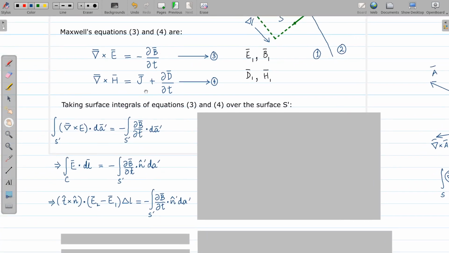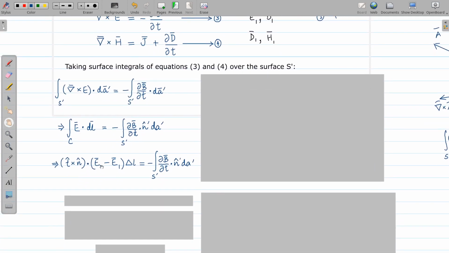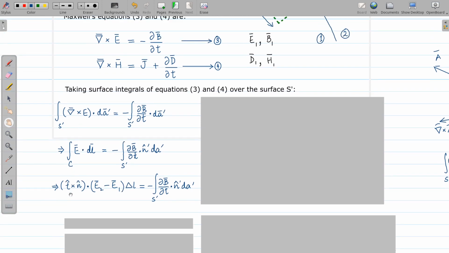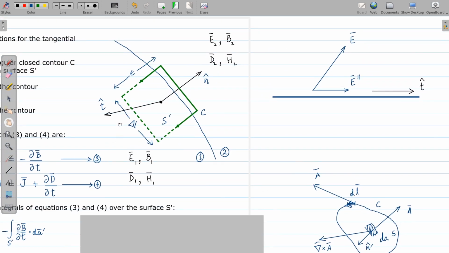So we only need to consider the contributions due to this E2 dot into delta L and E1 minus delta L. Now what about this vector t cap cross n cap? You can work this out for yourself. You can see for yourself, t cap is in this direction, n cap in this direction. So t cap cross n cap, if you apply the right hand rule for finding the cross product, the direction will be this way.